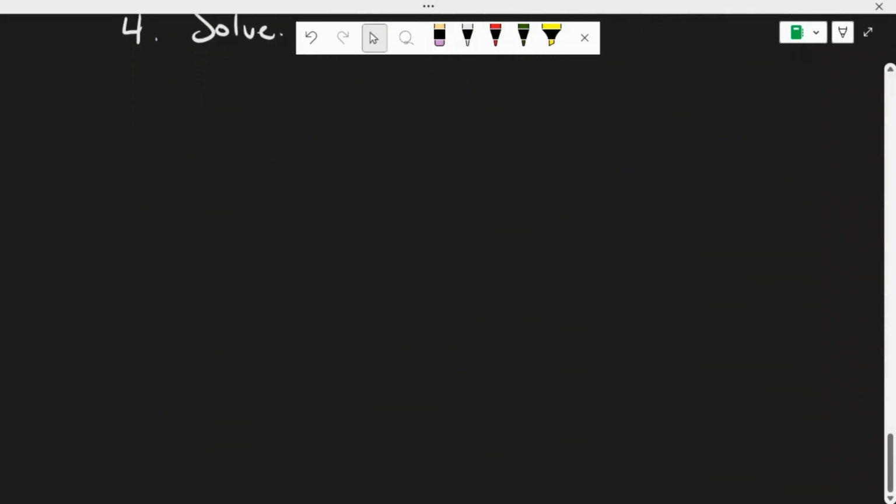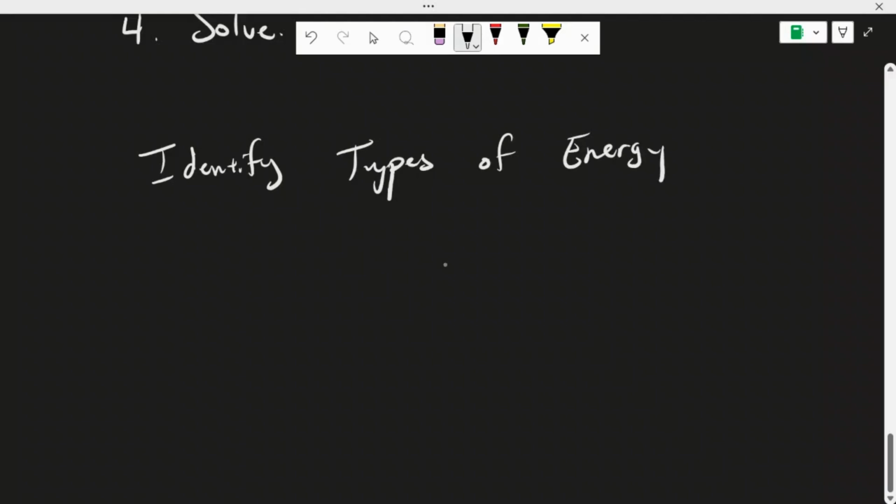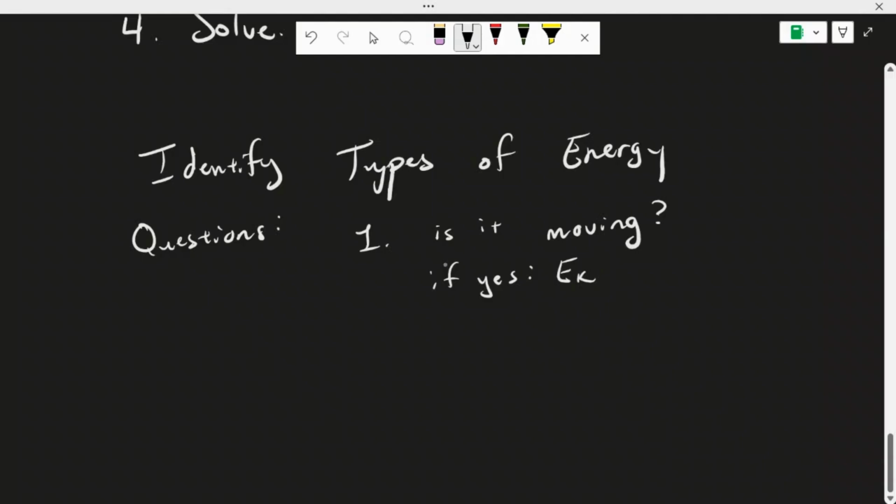Now, identifying types of energy is useful. So how to identify? Let's talk about 3 questions we can ask ourselves. The first question is, is it moving? If yes, we have kinetic energy.